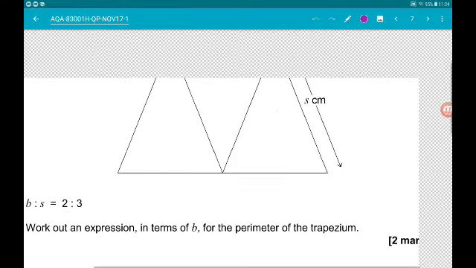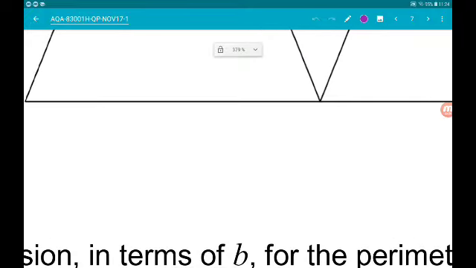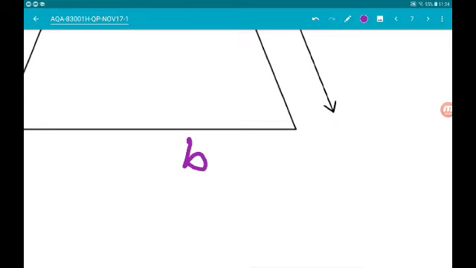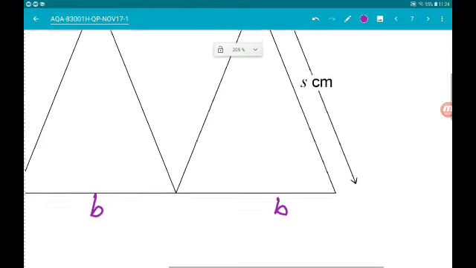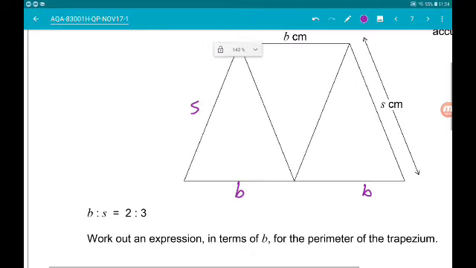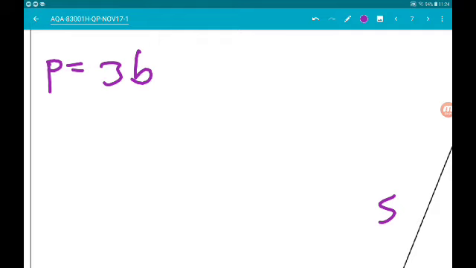So, perimeter is distance around the outside, so we got b there and another b there, and we've also got another s over there. So up to here we know that P, perimeter, is 3b add 2s. Now what we need to do is find out what s is in terms of b.